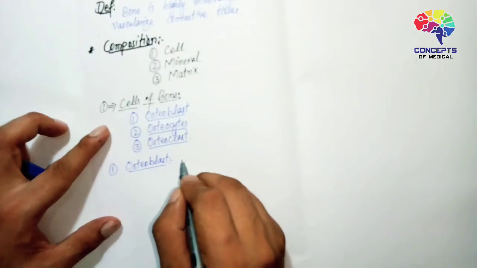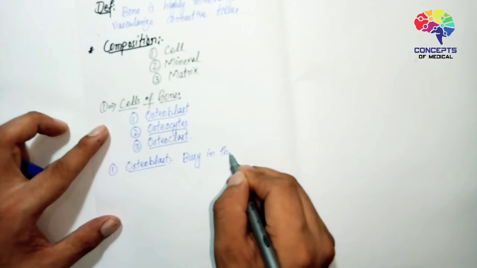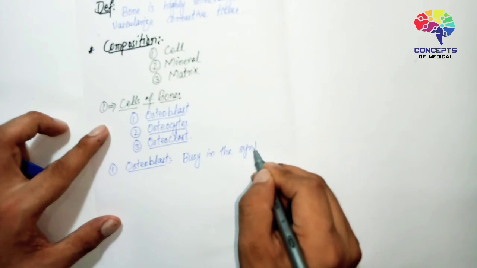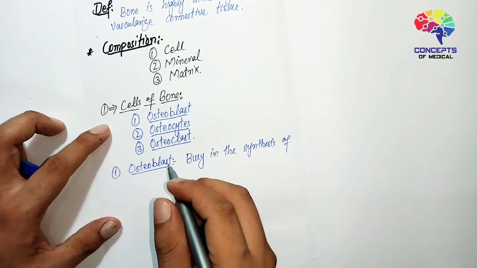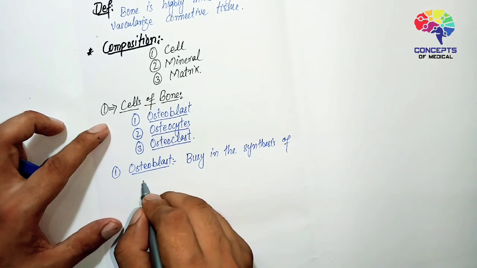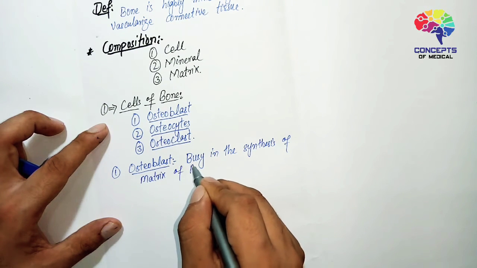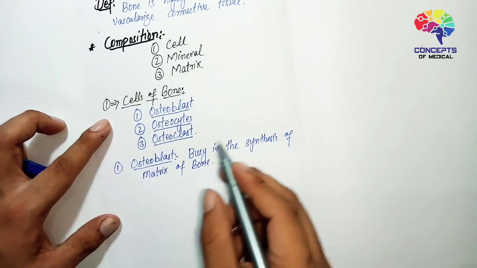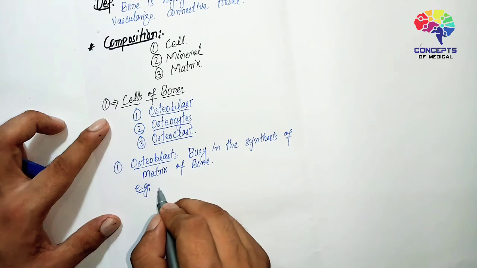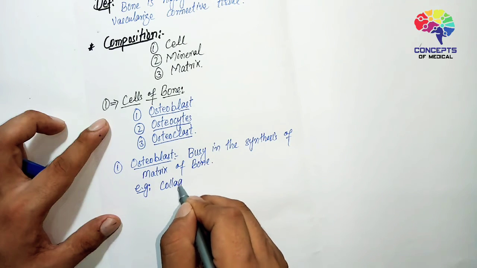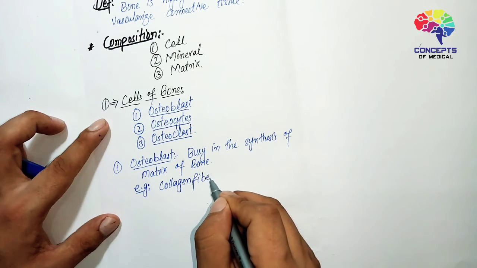So they are busy in the synthesis of bone matrix. What do they actually synthesize? For example, they synthesize collagen, which is part of our matrix, the collagen fibers.